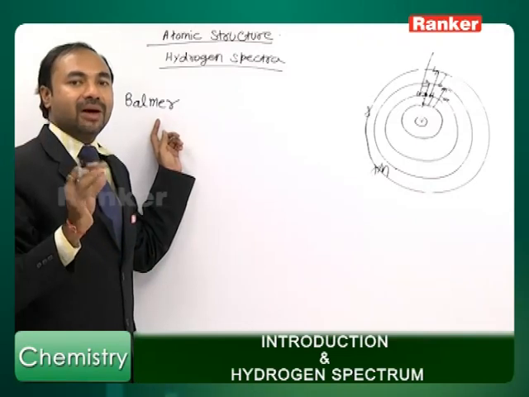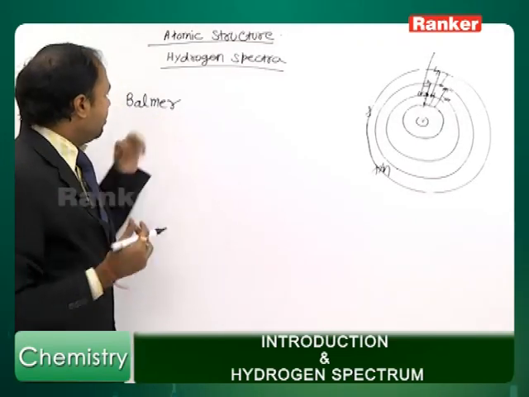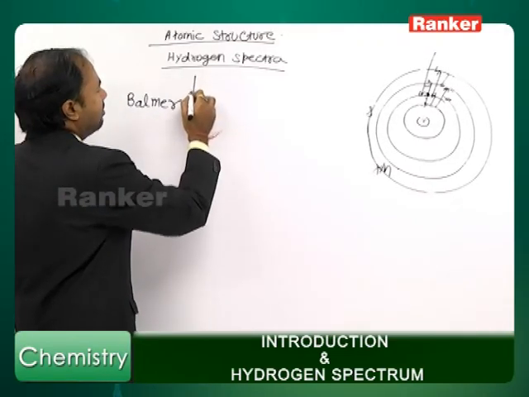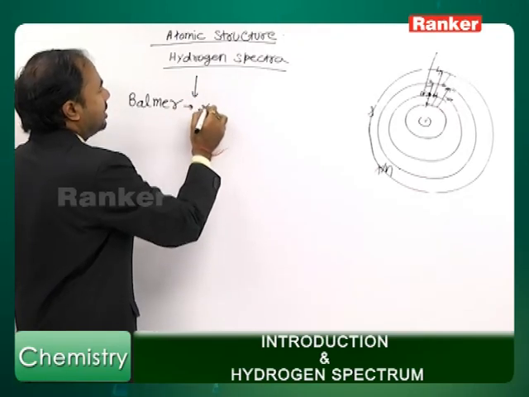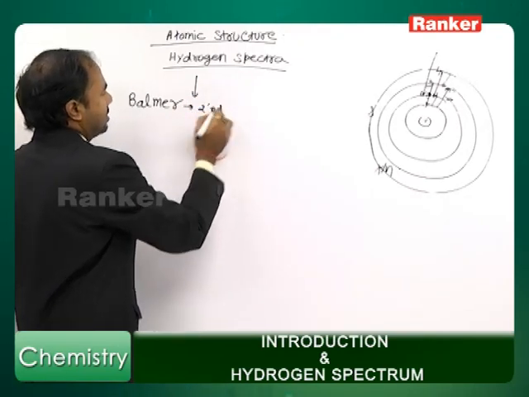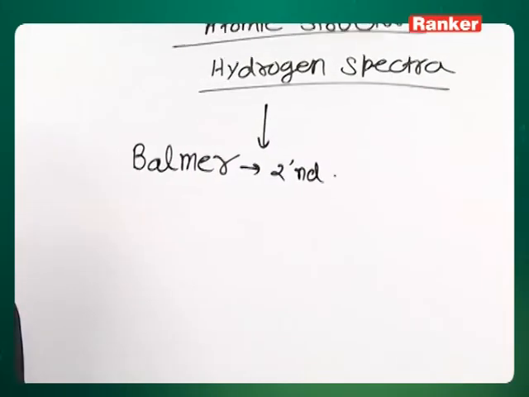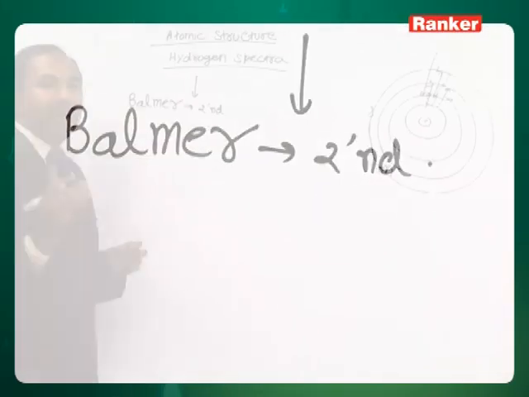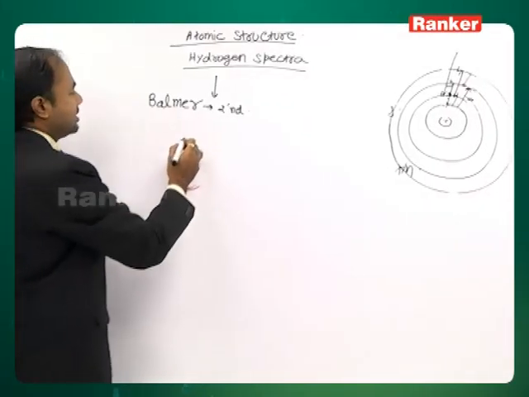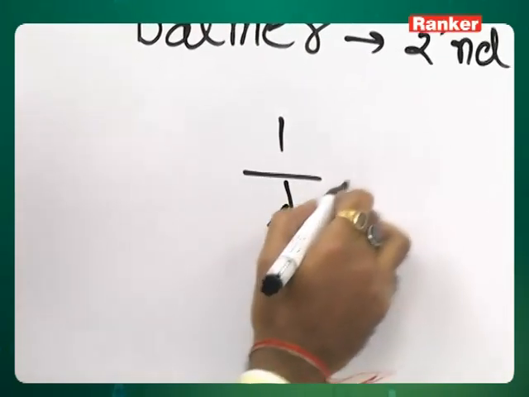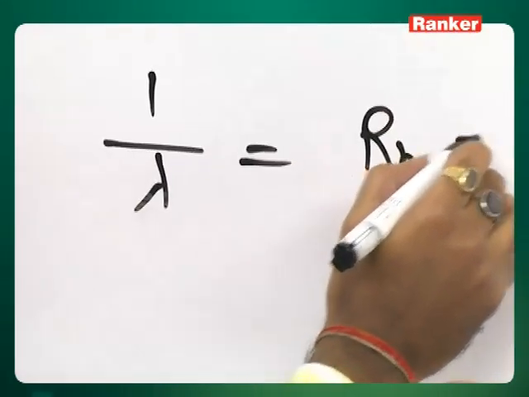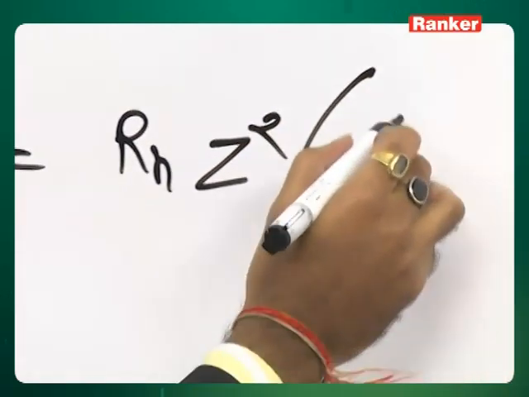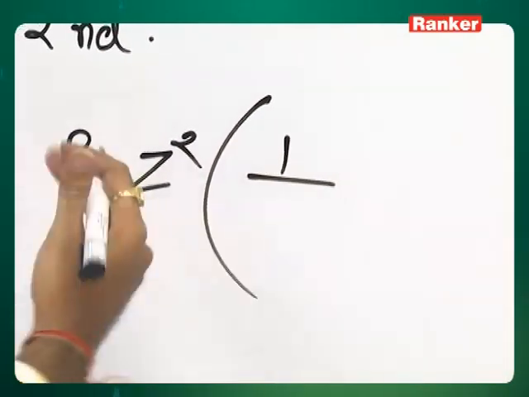It means from any higher shell up to the second shell, if the electron de-excites, we call it the Balmer series. How can the wavelength of a particular line in the Balmer series be calculated? This is done by using 1 by lambda equal to RH Z squared into 1 by n1, in this case will be 2.